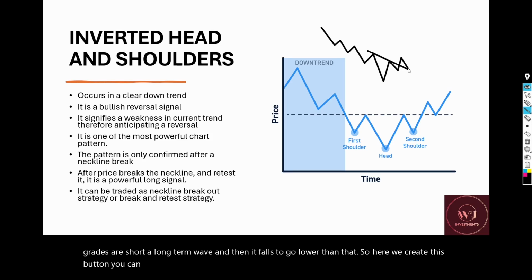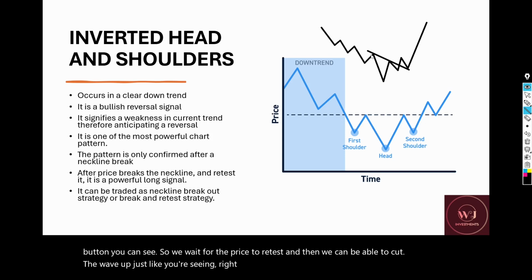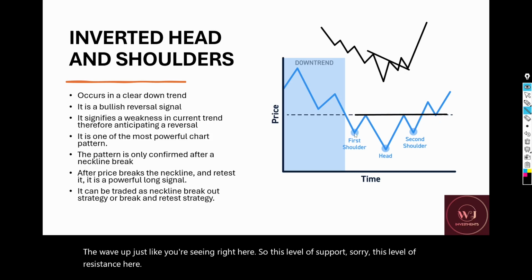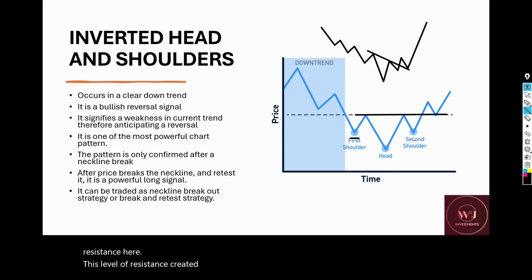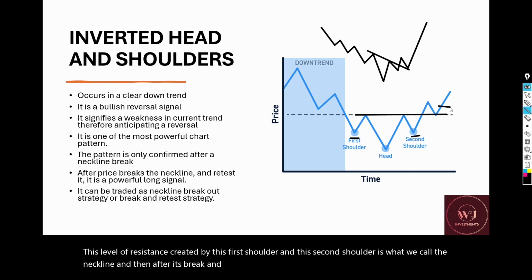So we wait for the price to retest, and then we can catch the wave up, just like you're seeing right here. So this level of resistance created by this first shoulder and this second shoulder is what we call the neckline. And then after its break and retest, there we can make a confirmation of a long signal.